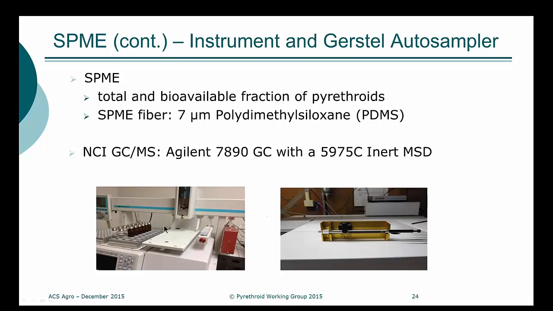The instrument utilized, again, is a negative chemical ionization GC-MS. We used a Gerstel autosampler, which incorporates the SPME fiber that will come out and place itself down into the autosampler vials. The automated system will then shake it and hold it in the vial for a time, and it will absorb the analytes from the matrix, as I'll show in the next slide.